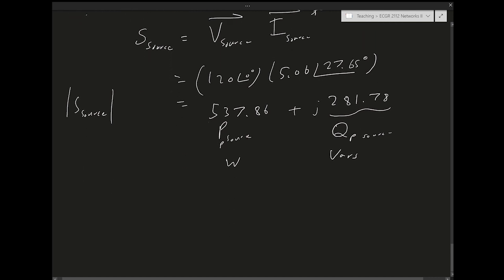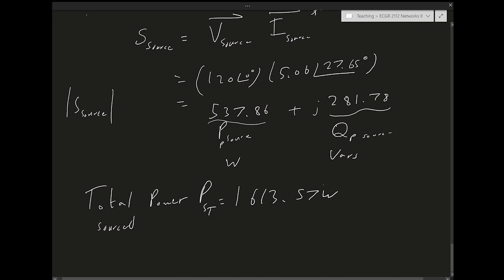What is, by the way, the total power sourced? Well, the number that we got here is the power per phase, right? So the total power sourced is going to be just this times 3, right? So if I take this multiplied by 3, I end up with the total power being, let's call it PST, 1613.57 watts.